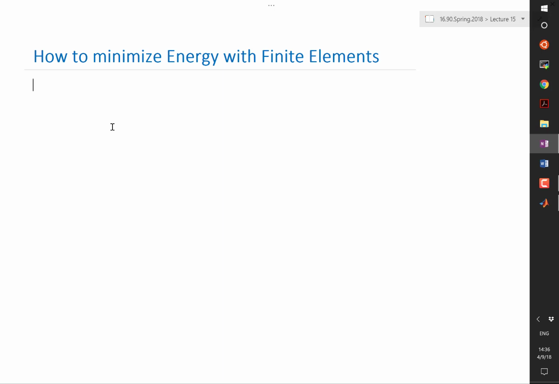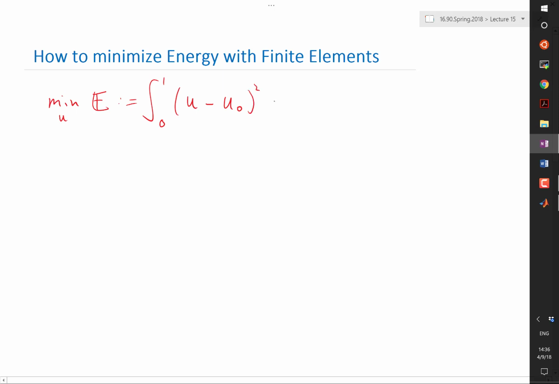For example, in the last lecture, we have been minimizing the energy, which is defined as an integral from 0 to 1 of an unknown function, which is what we are minimizing among, minus u0, the target, which we assume we already know, the square integrated over dx, right? So that's what we were trying to minimize yesterday.